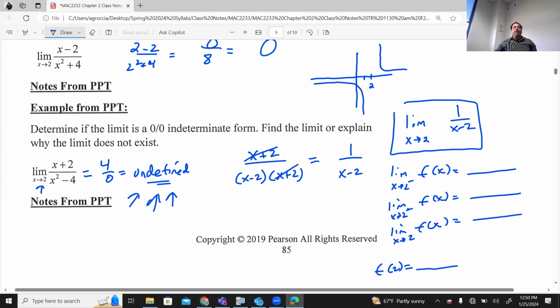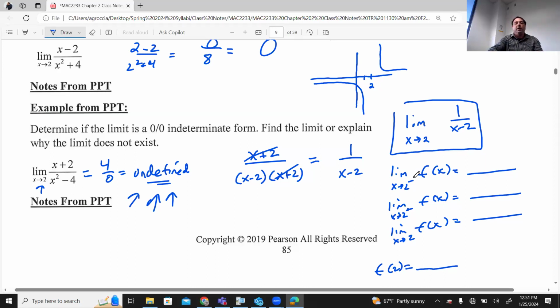Okay, so this is new. We haven't talked about it, because not only can it approach a number, what else can it approach? Infinity. And remember, infinity going upward is positive infinity, downward is negative infinity. To the right is positive, to the left is negative.